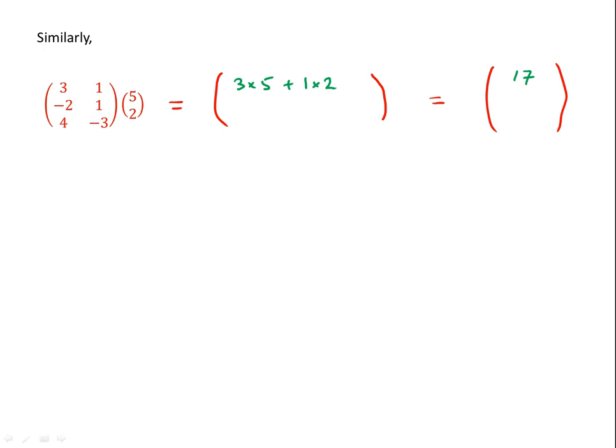The second entry is going to be minus 2 times 5 plus 1 times 2, which is minus 8. And the final entry is 4 times 5 plus minus 3 times 2, which is 14.